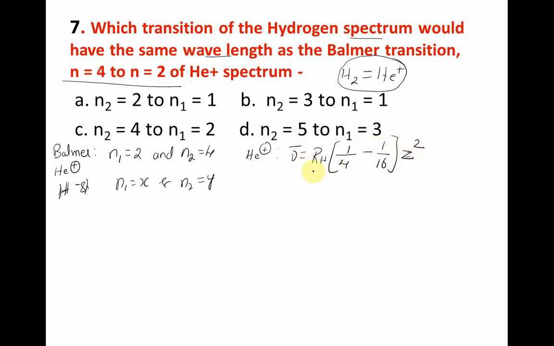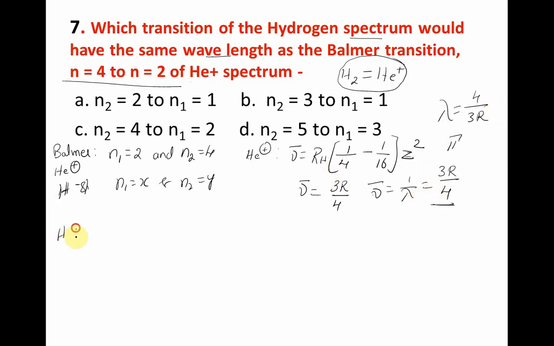So for helium it is 4, therefore we get mu bar is equal to 3R by 4. Since mu bar is equal to 1 by lambda, that is equal to 3R by 4, or I can also write this as lambda is equal to 4 by 3R. This is secondary for me, but this is the main.